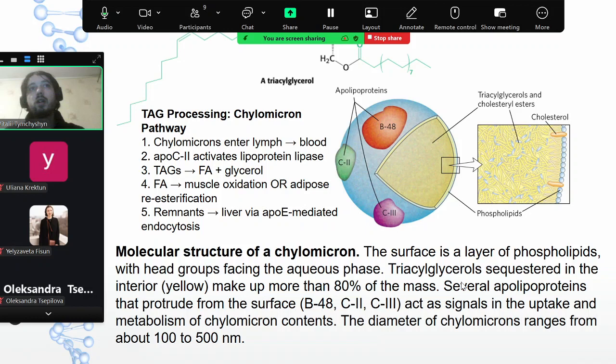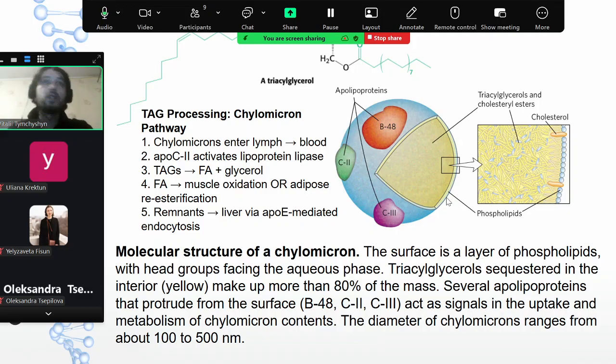If we are creating a molecule that has some charge somewhere, it will try to turn that charge to the water. That gives some sort of minimum of the energy. That's the reason why we have a lipid bilayer as a membrane in our cells, because we have water on both sides, and we turn the polar heads towards the water.